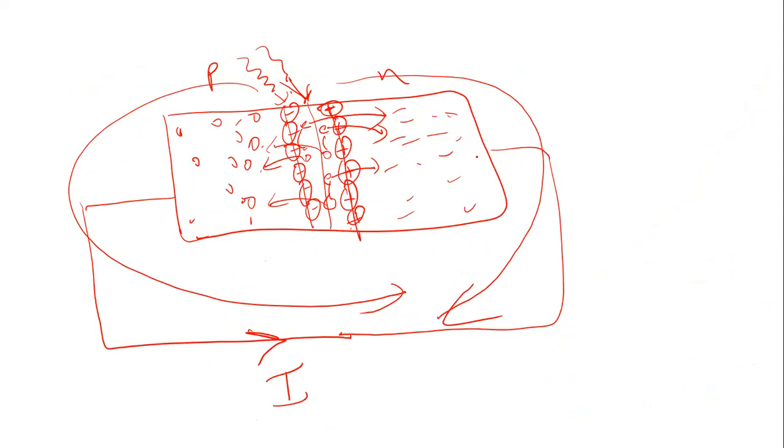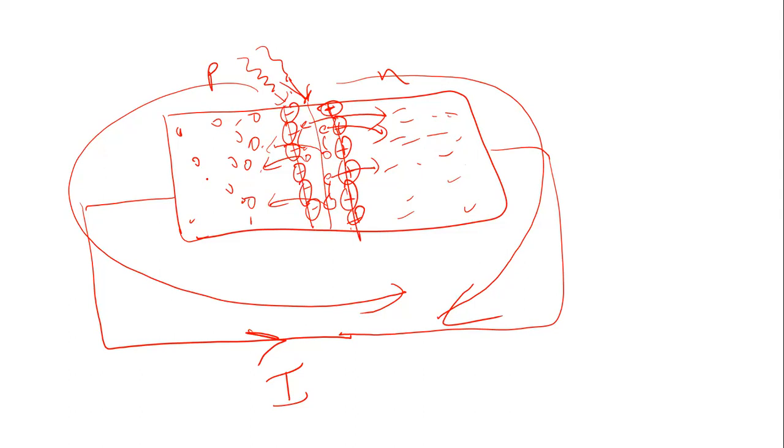Now, if we shine light on the p-n junction, there will be electron-hole pair formation after absorbing the solar spectrum. Before they could recombine, the electrons and holes will be separated by the potential barrier, that is, the positive ions and negative ions here. Electrons are pulled towards the n side, holes towards the p side, adding to the electron accumulation on the n side and hole accumulation on the p side.